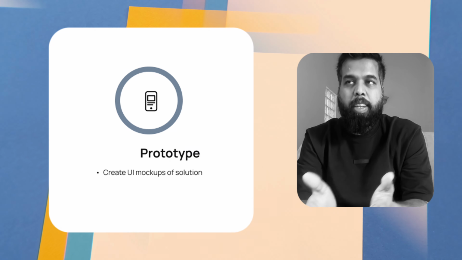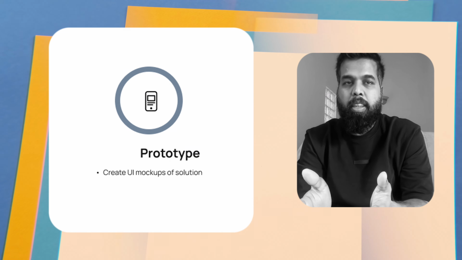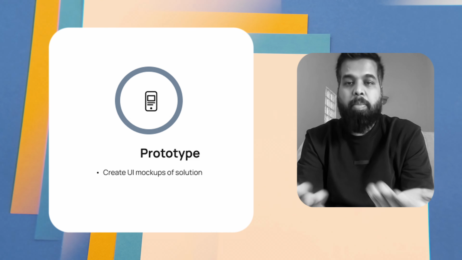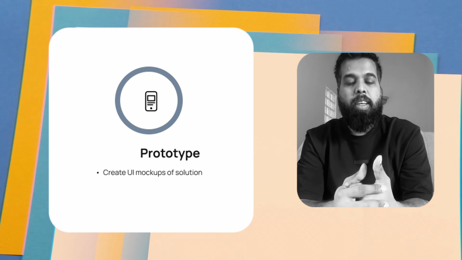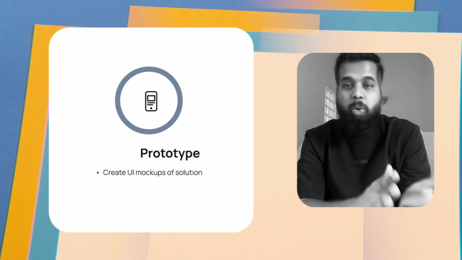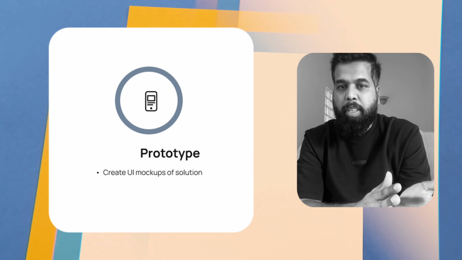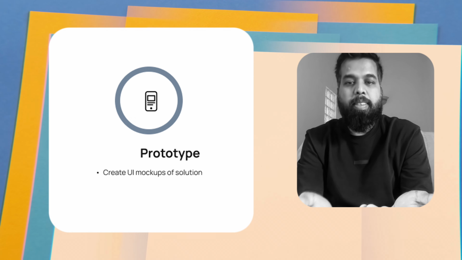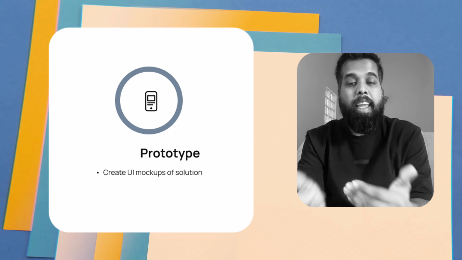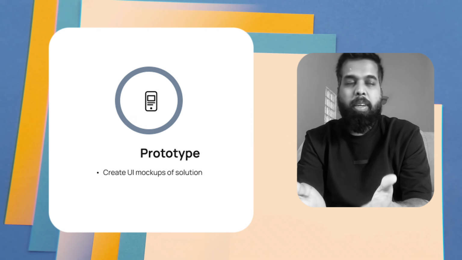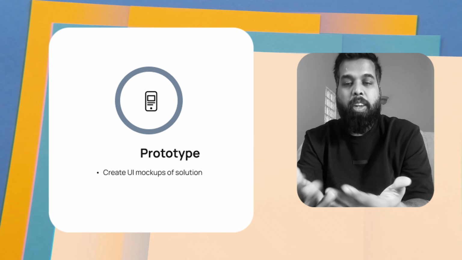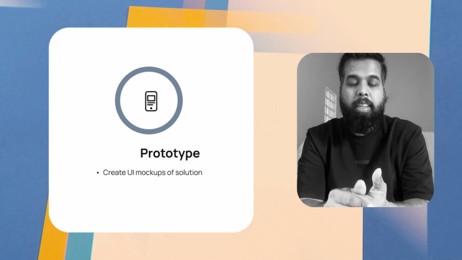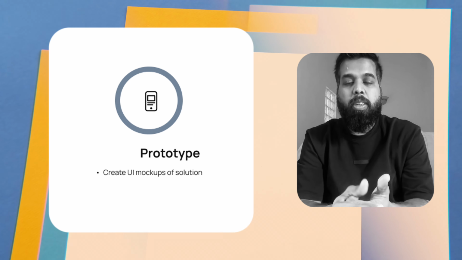You can create these using Figma by connecting different screens in the process, and you can also add some animations, micro interactions, and so on. The actual look and feel of your final product will be there, but there will be no back end connected to your design. Again, you have to send this prototype to gather feedback from your valuable users, the stakeholders, the client, or the members of your team.